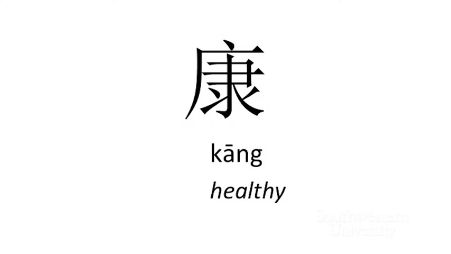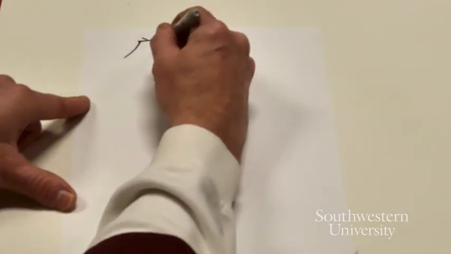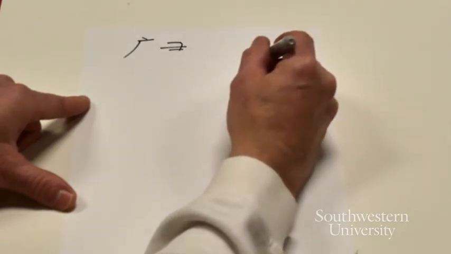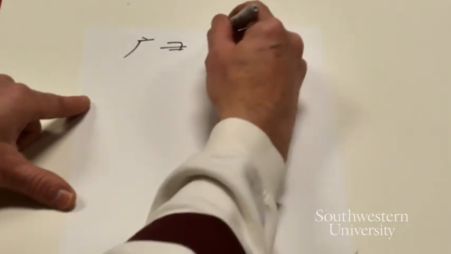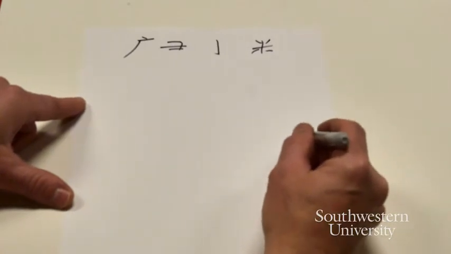Kong, this character was borrowed for the sound. It depicted a threshing tool with rice grains scattered below. But what it looks like is a shelter with a hand and a hand holding a stick and then beating the grains of rice underneath it.